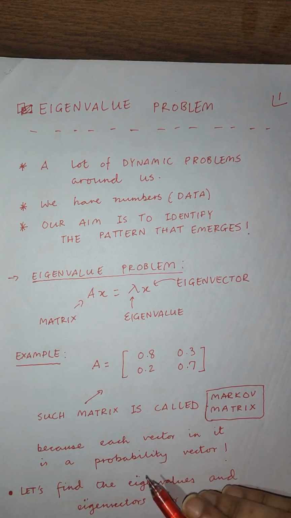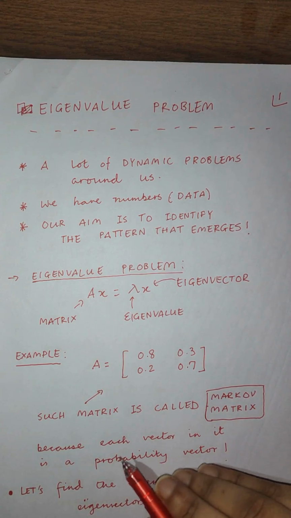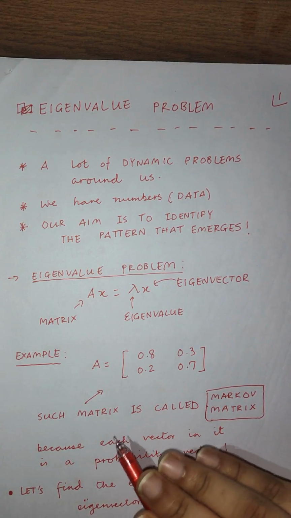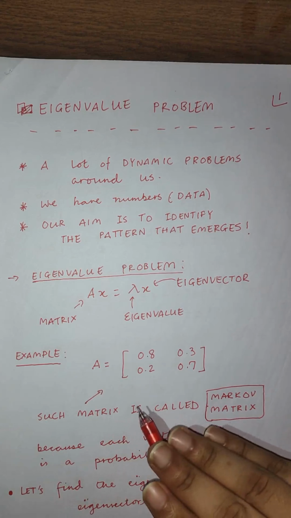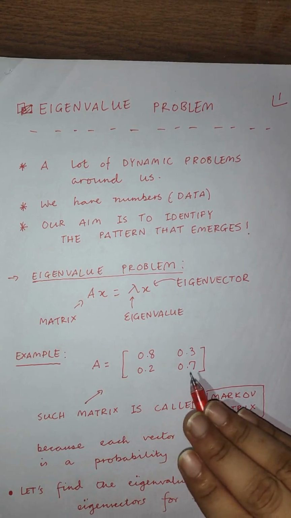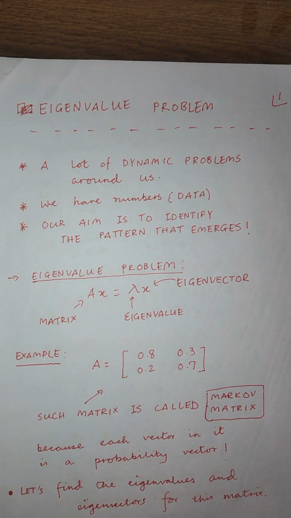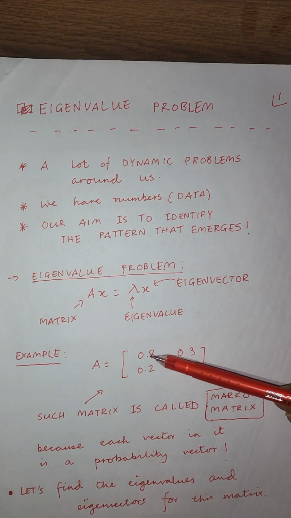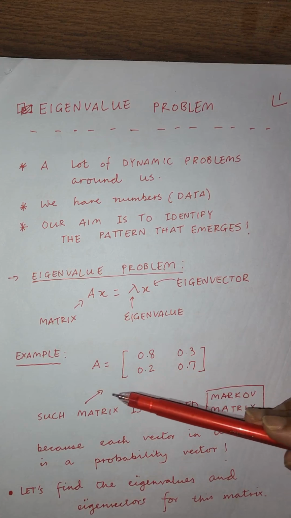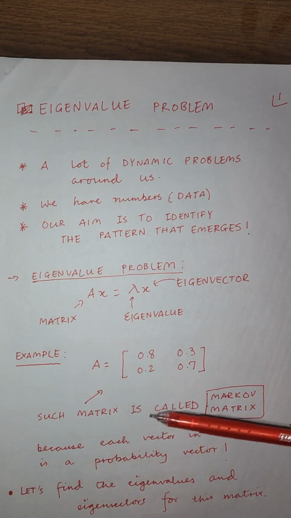In the example below, we have this random matrix A: 0.8, 0.3, 0.2, 0.7. Such a matrix is called a Markov matrix because each column vector in matrix A is a probability vector.